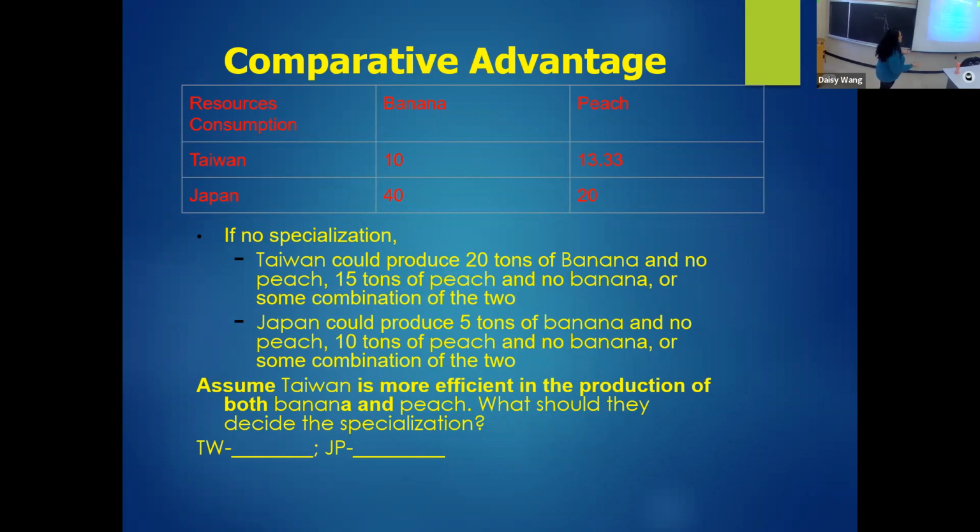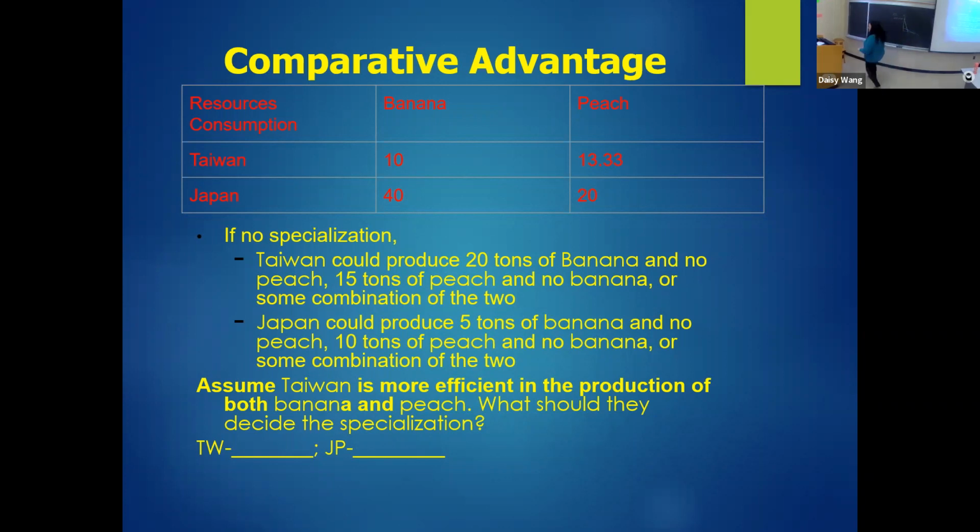So in this case, Taiwan would focus on producing banana, and Japan will focus on producing peach. If we focus on producing banana, we will have 20 tons of banana, right? And if Japan focuses on producing peach, they will have 10 tons of peach. So when we trade, we are still better off compared to without trade.